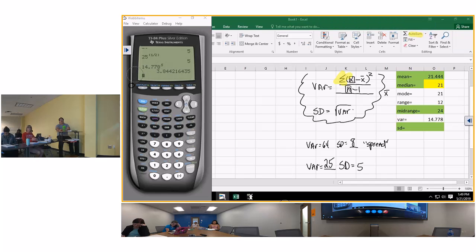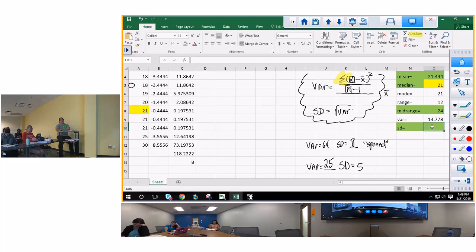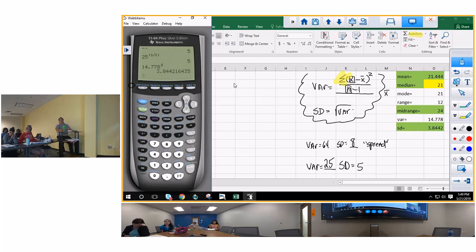I'm going to take my Excel spreadsheet and raise it to the 0.5 power. Equals this number raised to the 0.5 power. 3.8442. Calculator says 3.8442, and we feel good about ourselves.